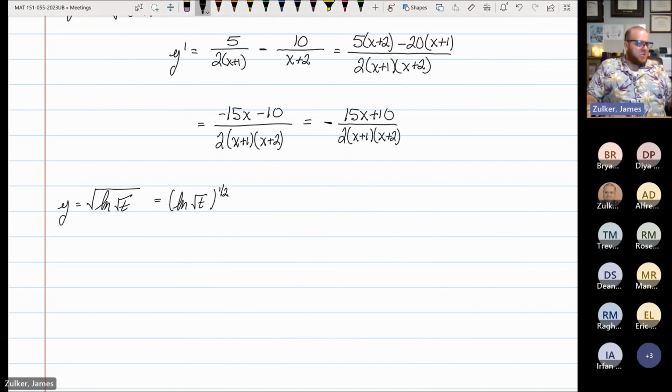Start by writing this function with a rational, a fractional exponent. Y prime.